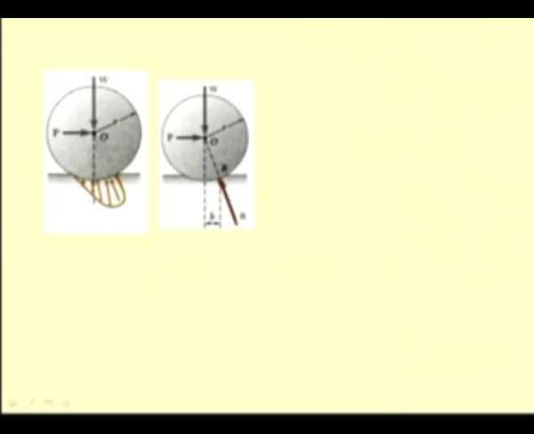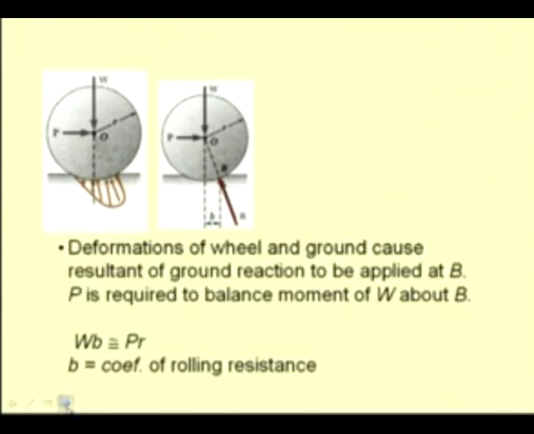So, if this force does not exist, then the wheel comes to a rest because of this resisting moment, the moment due to this force R. So, we see that the reaction is applied at B and P is required to balance the moment of W about B or R with respect to this O or the vertical axis.